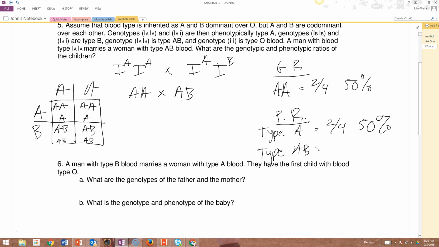Type AB. You could have also written, sorry, forgot my other genotype here. You could have also written it like this. Those are another way to write the genotypes.